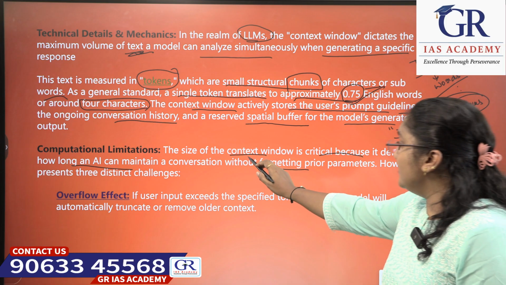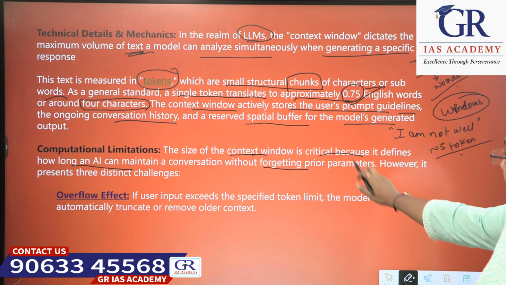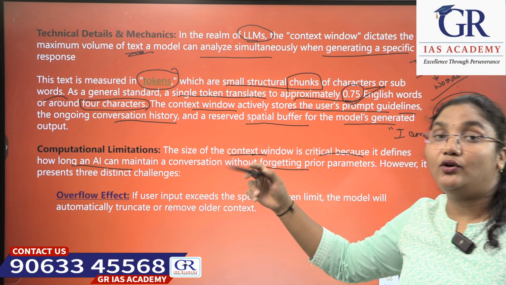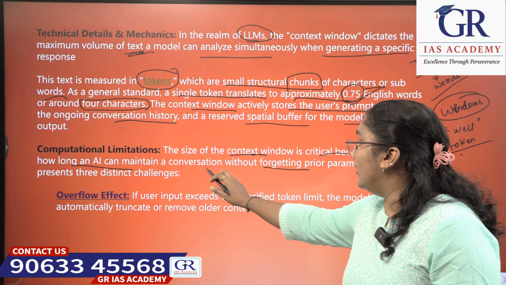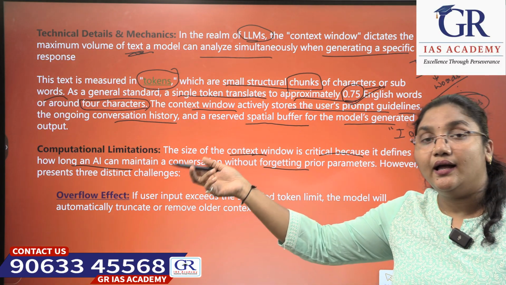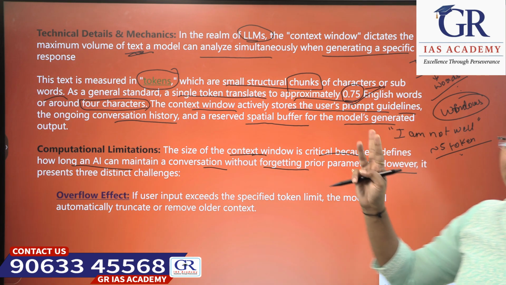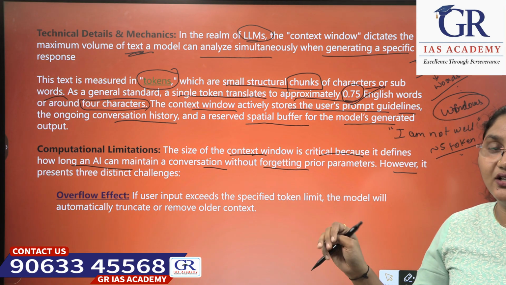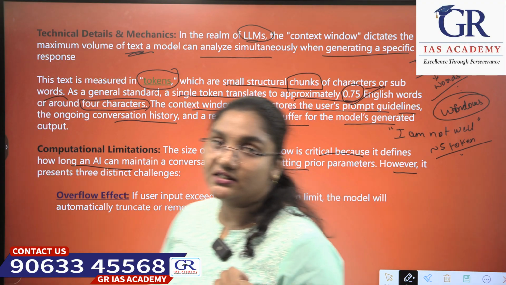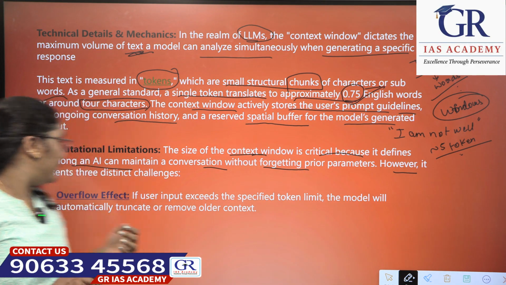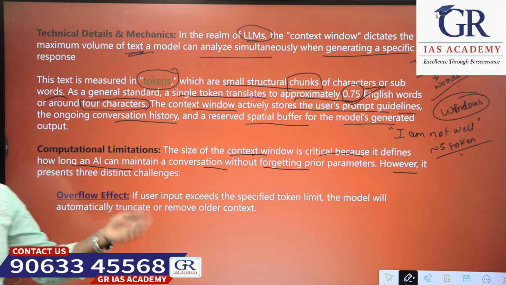But see, the size of the context window is critical because it defines how long the AI can maintain a conversation without forgetting prior parameters. However, it presents 3 distinct challenges. What are those challenges? Let's look at them. The first one is the overflow effect.